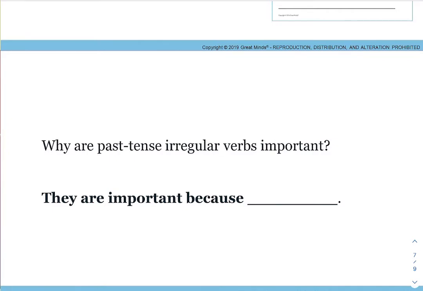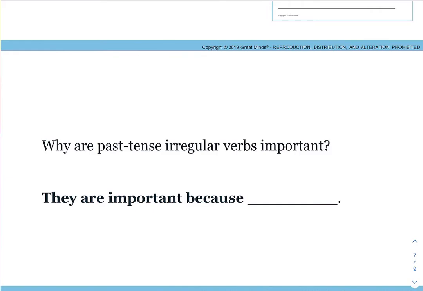We need to know if we say pioneers builded a house or if we should say pioneers built a house. It does kind of sound silly when we don't use the correct type of verb. When we try to make it a regular verb when it's not, it sounds a little silly. But we are all still learning, so it's okay if we make a mistake every once in a while.